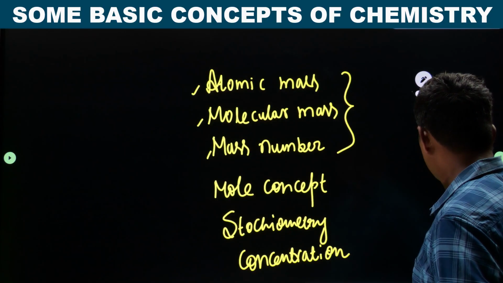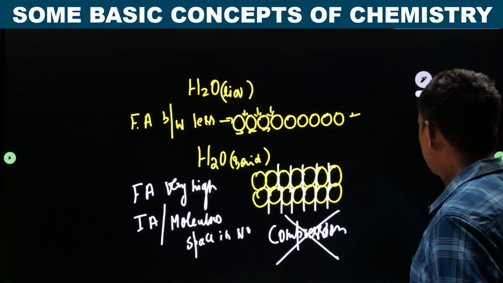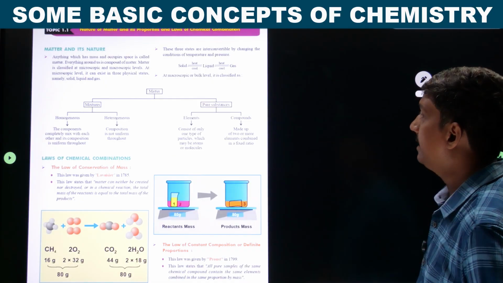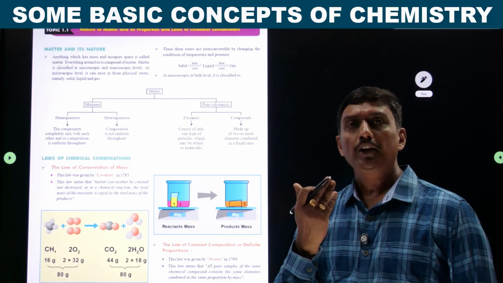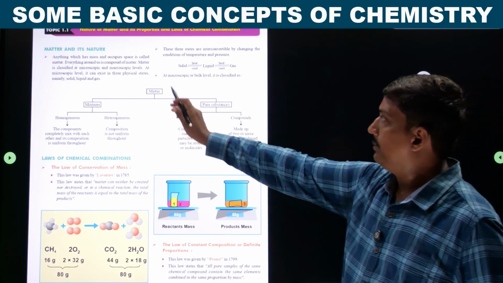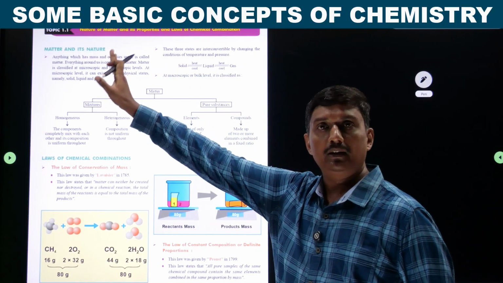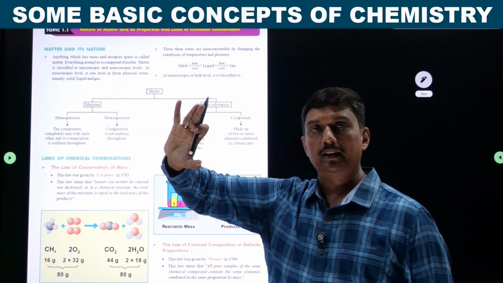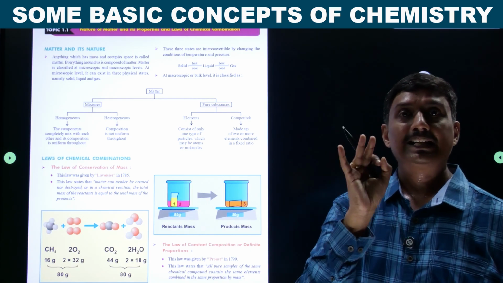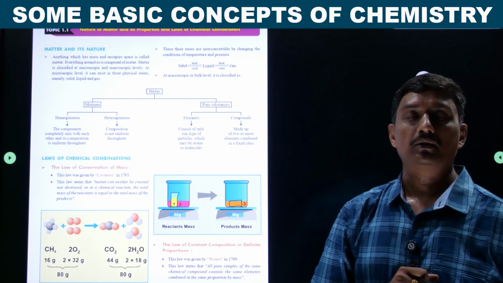Next, matter is further classified chemically. See, based on the physical state, we have classified matter into solid, liquid and gas. Now we are focused on the chemical classification of matter.